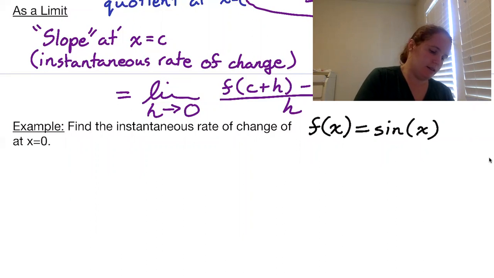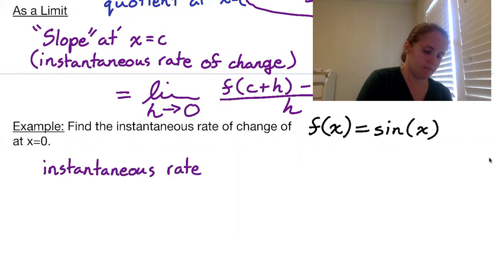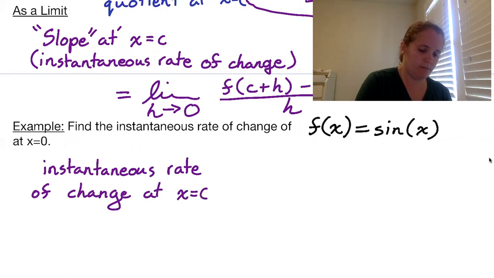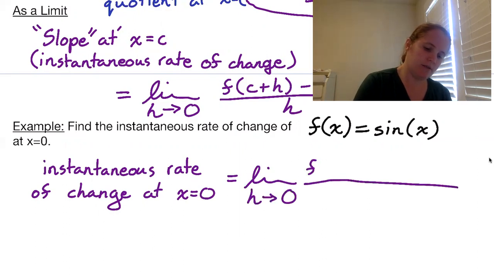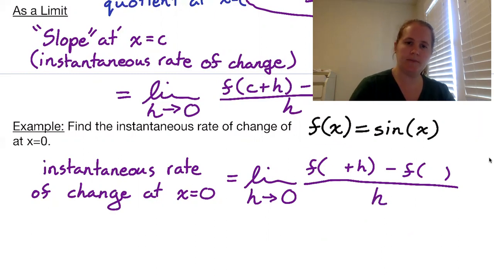So the instantaneous rate of change at x equals 0, we are looking at the limit as h goes to 0 of f of something plus h minus f of something divided by h.